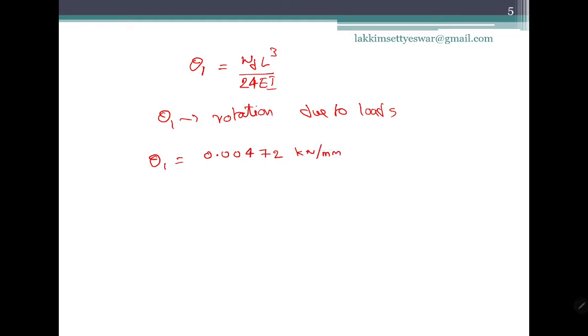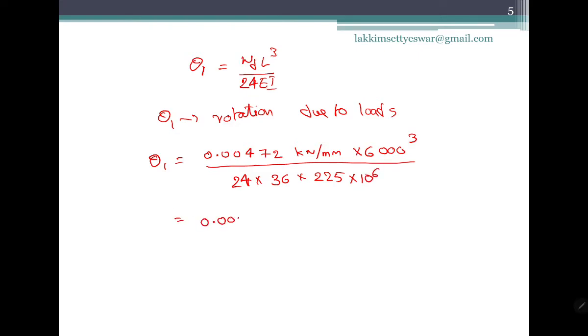So I converted into mm here. So into 6000 cube, I converted length into mm, divided by 24 into 36 into 225 into 10 power 6. After solving this, we will get 0.00525 radians. Due to transverse loads, the beam will be in sagging nature.